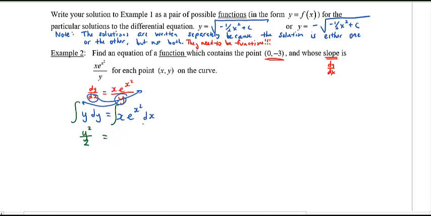Integrating the right side. Oh, maybe not so fun here. Uh-oh. Up to you how you want to do this. x times e to the x squared. Should I use reverse chain rule or use substitution? Doesn't really matter to me.